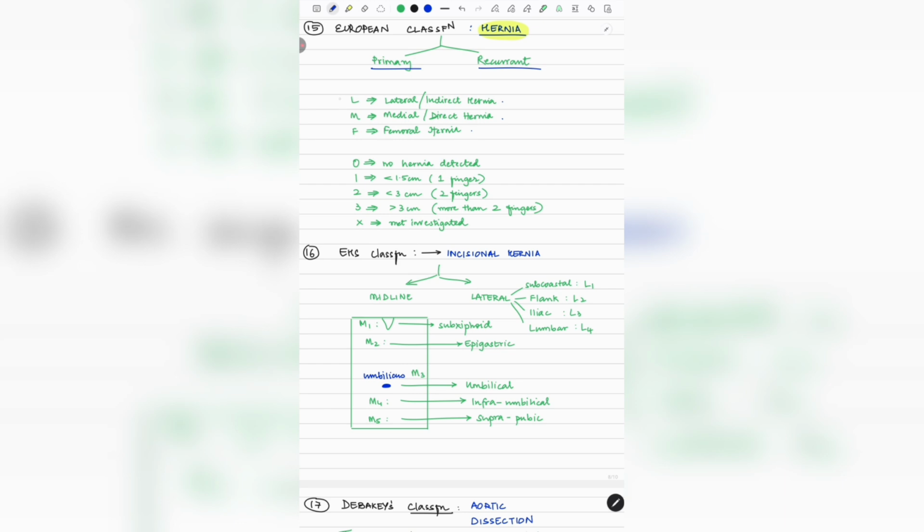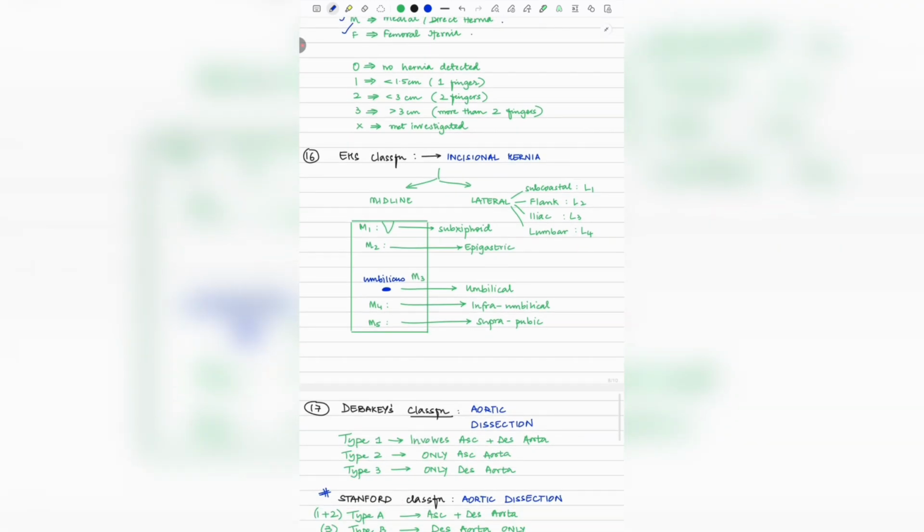They have given a tag for it. L is for lateral, M is for medial, F is for femoral. As you know, indirect hernia is always lateral. They are going to take the reference of that artery, I think the inferior one, sorry, I don't remember properly, and based on that they are going to grade it.